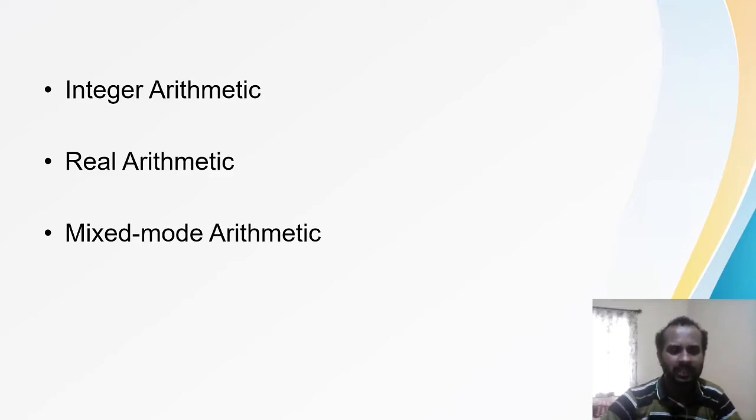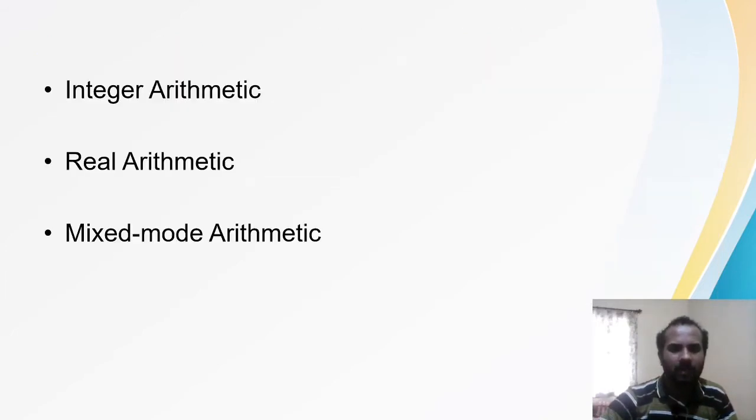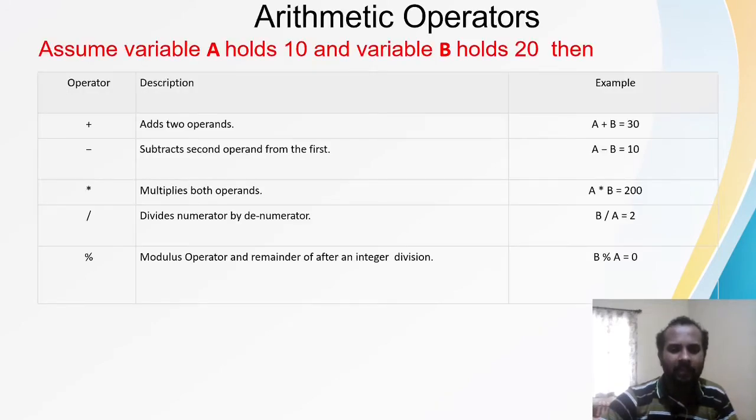So we have three types of arithmetic operations: integer arithmetic, real arithmetic and mixed mode arithmetic. Integer arithmetic is that in which both the operands, for example here a plus b, are integer numbers. In real arithmetic, both the operands are real numbers, for example 10.0 plus 20.5.